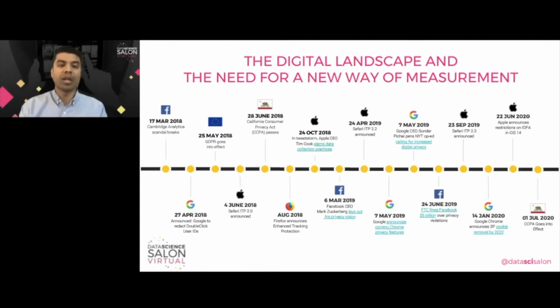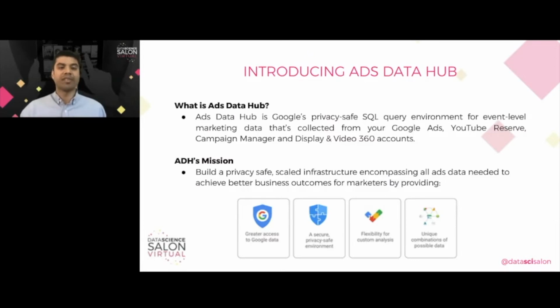So overall, there are a lot of changes happening, and they will keep happening as and when the companies and the governments keep making new rules. And we have to come up with a solution for it. There has to be a way of doing this kind of measurement. And Google Ads Data Hub basically provides the foundation of that particular measurement, and it gives us a privacy safe platform.